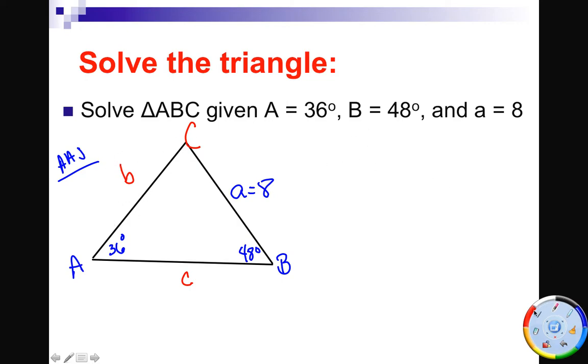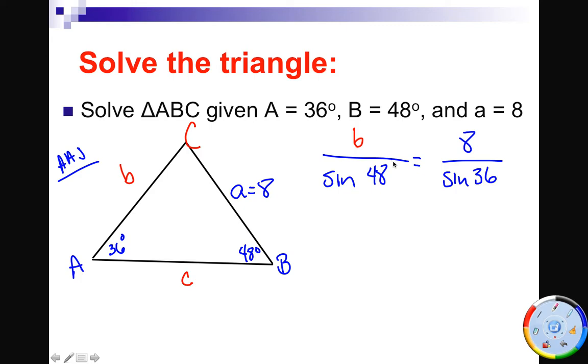If I'm solving for little b, I know that little b over the sine of big B, so 48, is going to equal little a, which is 8, over the sine of big A.